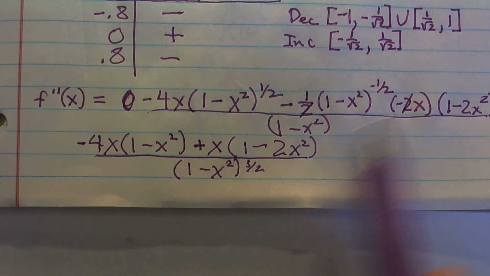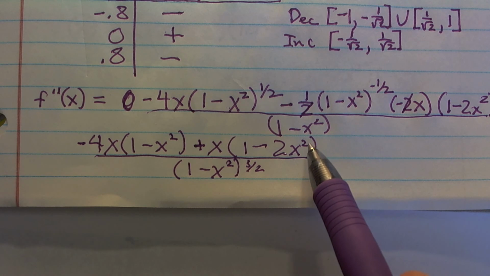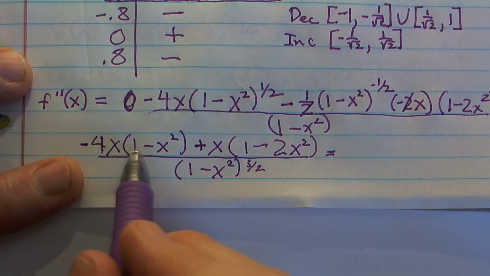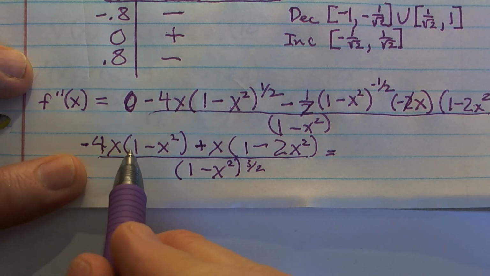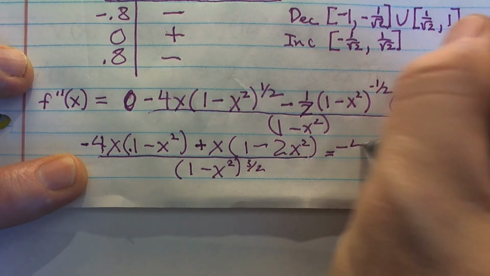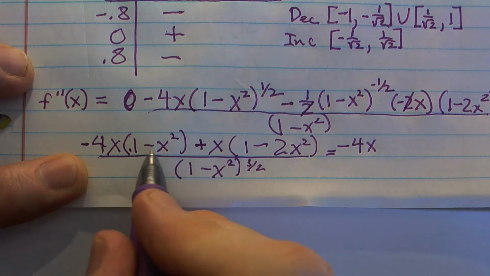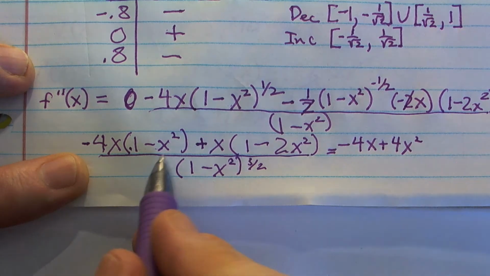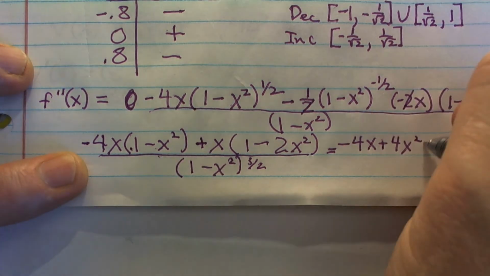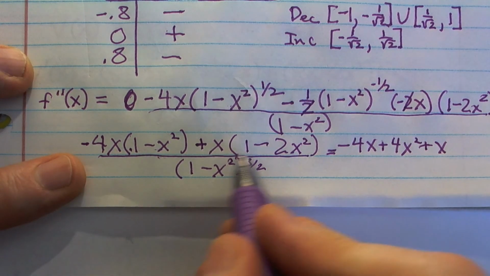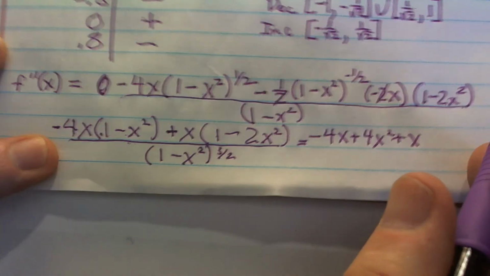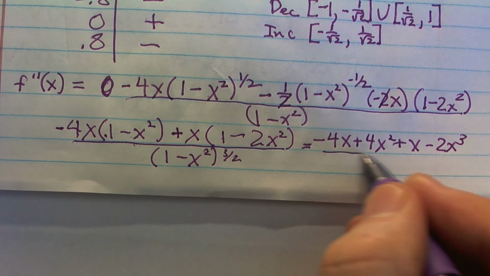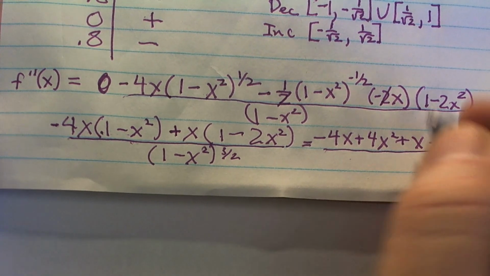Now, if I simplify this, I've got negative 4x plus 4x squared plus x minus 2x cubed, all over this thing down here.